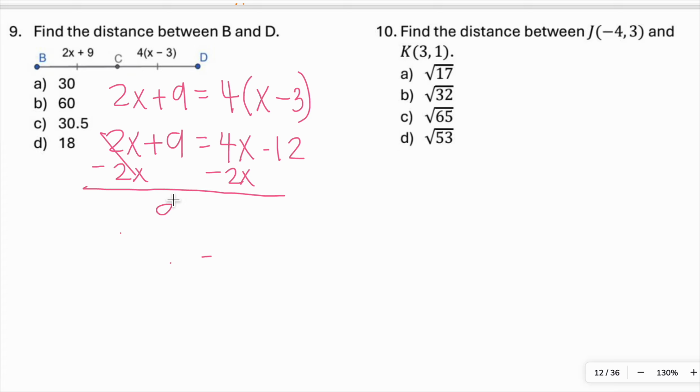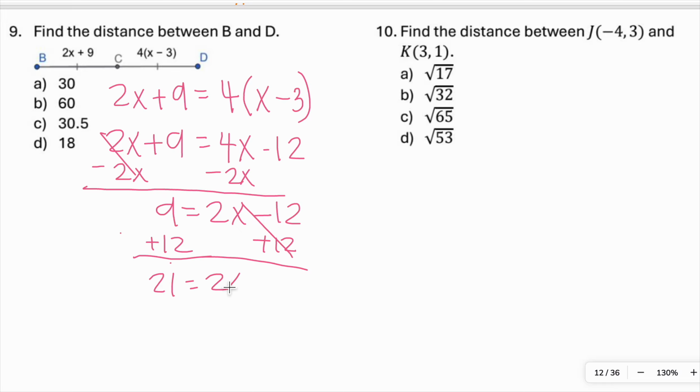Subtracting 2x from both sides, I get 9 is equal to 2x minus 12. Adding 12 to both sides, 9 plus 12 is 21. That's when I went wrong. Divided by 2, 21 divided by 2 is not 11.5, it is 10.5.